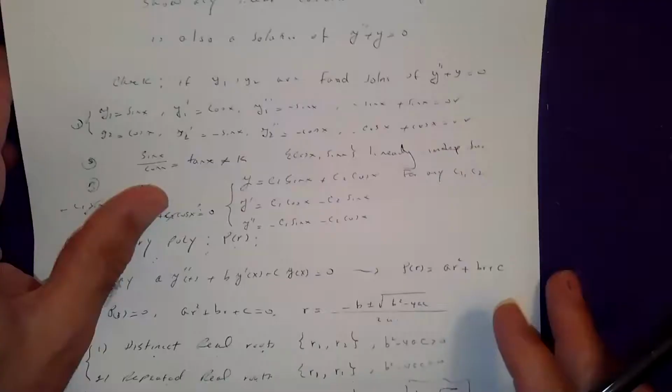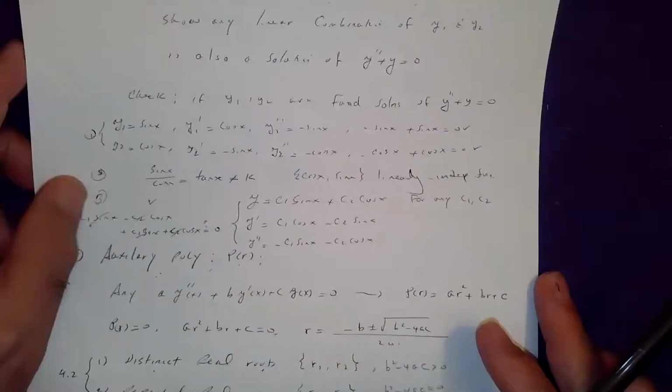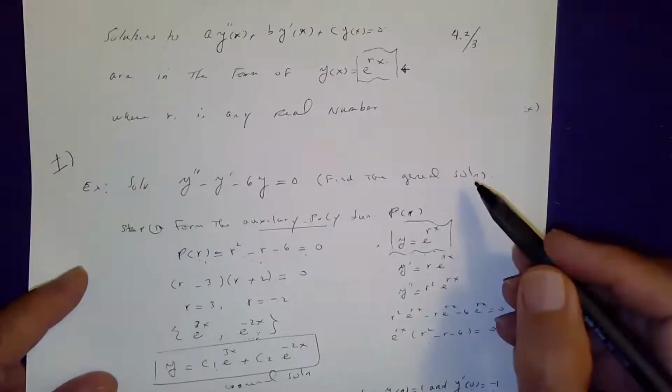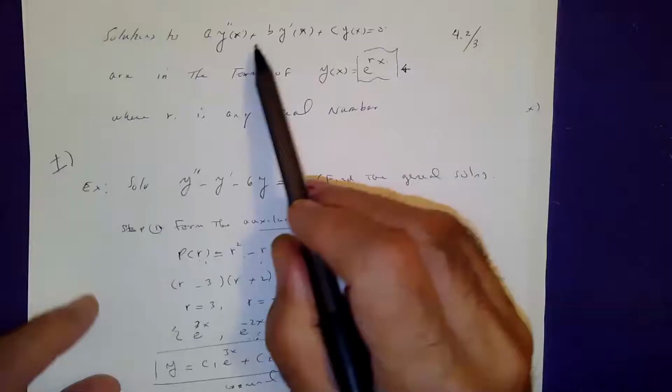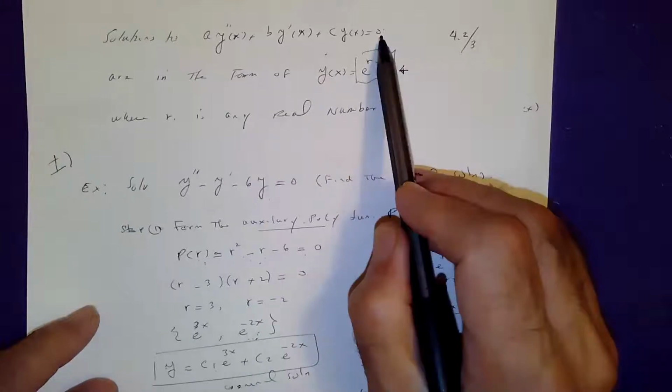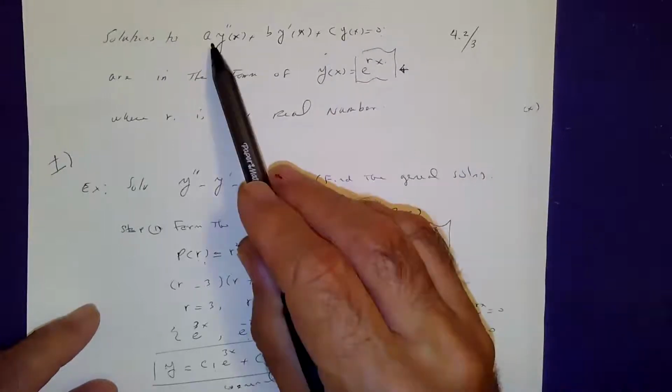The next thing we learned was the form of the solution, which was kind of like this. This is the form of the solutions for these kind of equations: linear, higher order, homogeneous equations with constant coefficients.